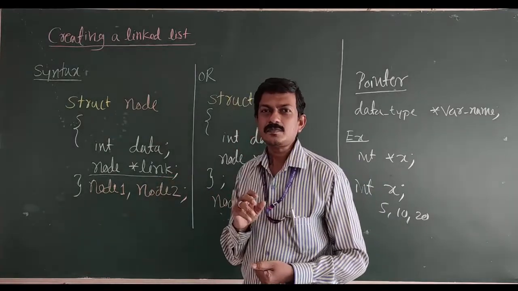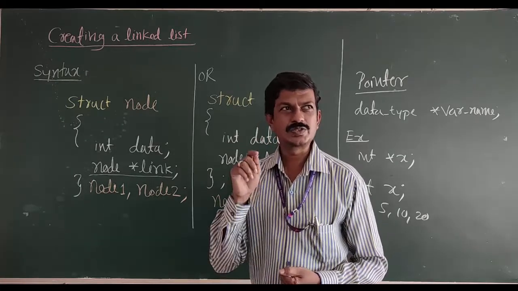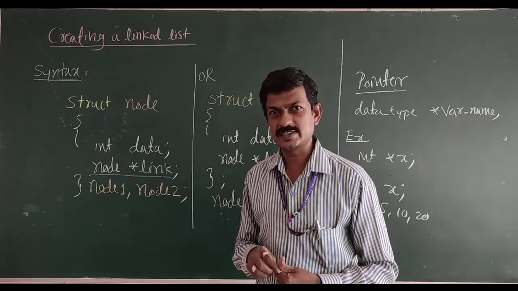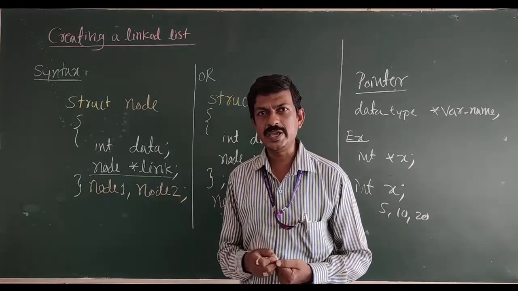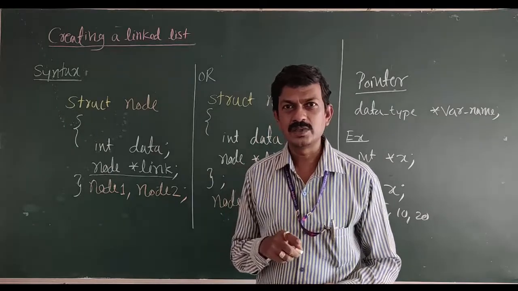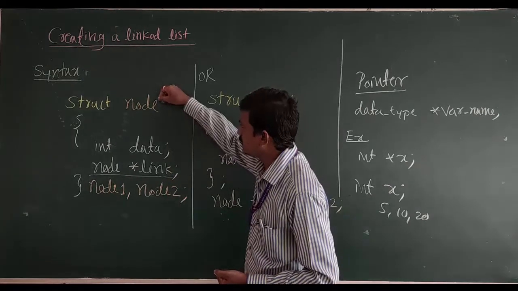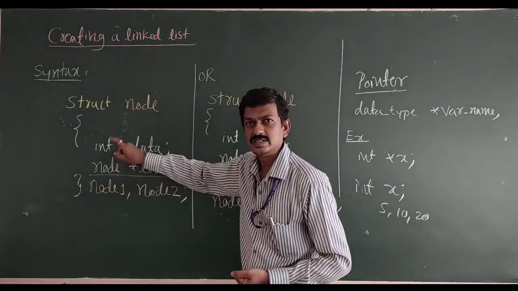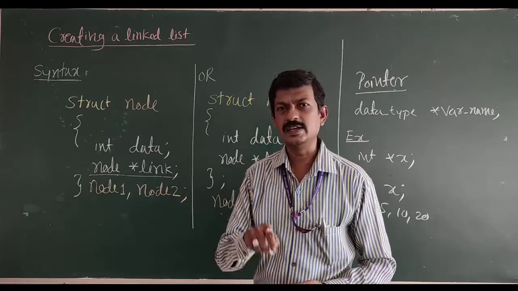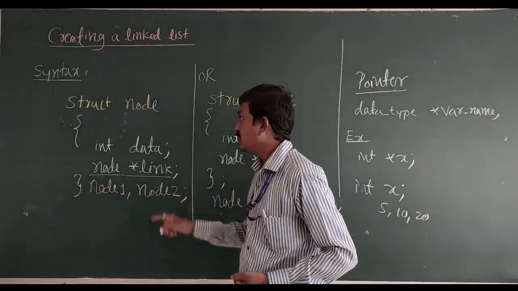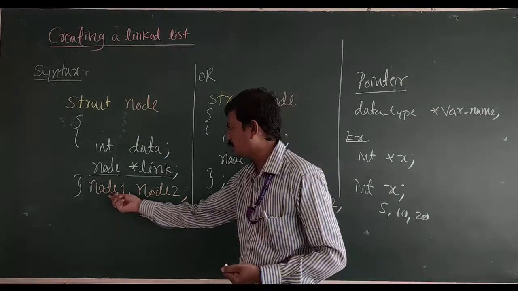Because the structure is pointing to its own structure. How many nodes you are going to create, all those nodes should be interlinked with each other. For that we are declaring this nested structure. The structure names are the same. This structure declaration consists of two different nodes.